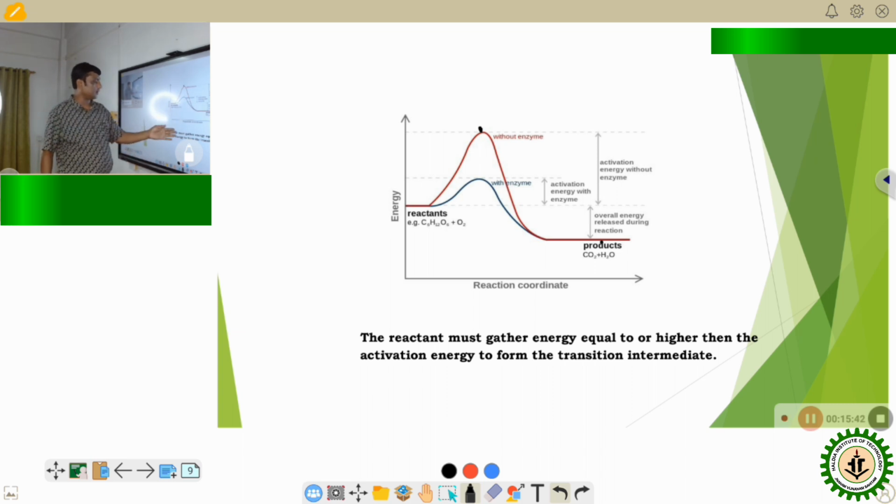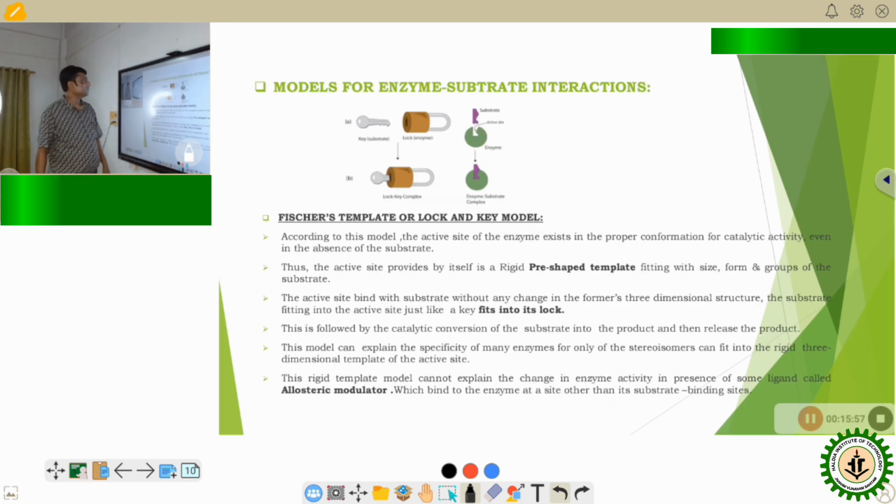So the reactant must gather energy equal to or higher than the activation energy to form the transition intermediate. And once the transition intermediate forms, then the product forms, otherwise not. So this is the basic concept related with your enzyme kinetics.